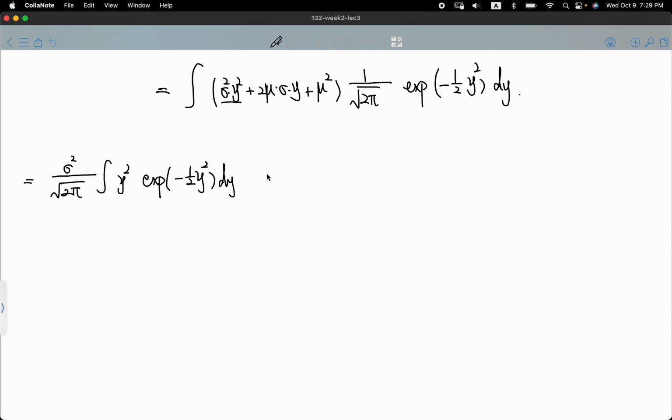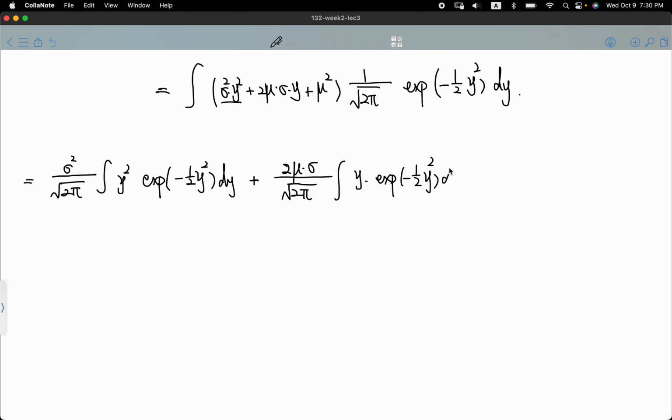Now let's work on the second part: 2 mu sigma over square root of 2 pi, and we have y multiplied by that.